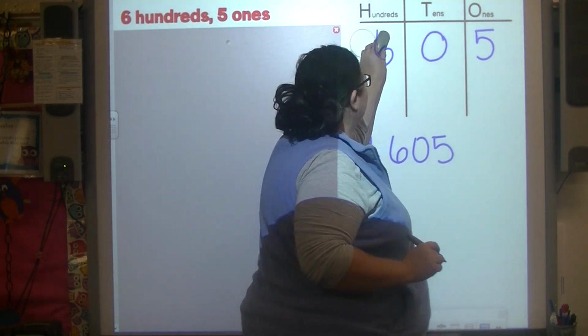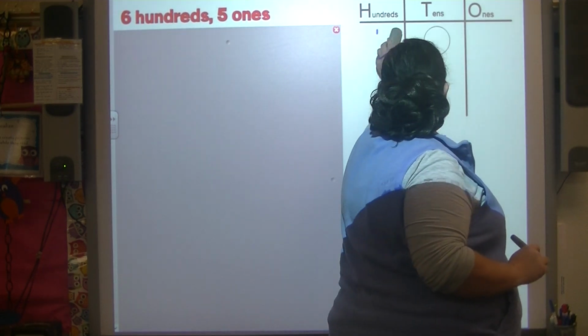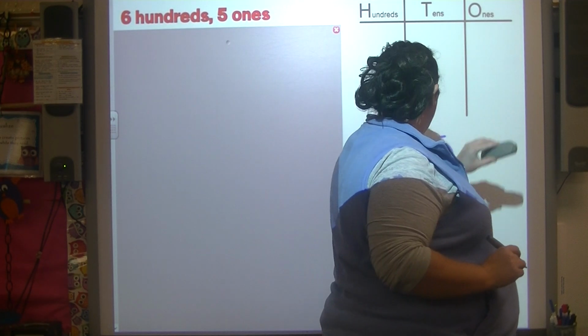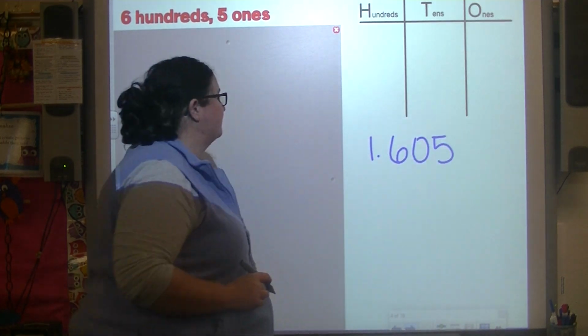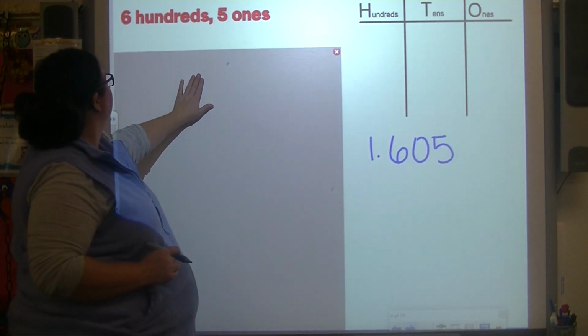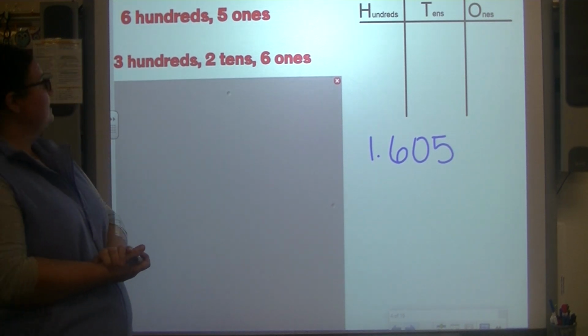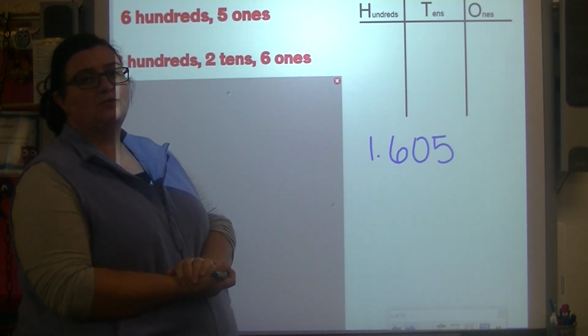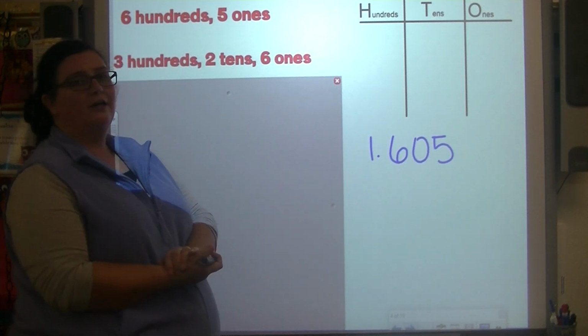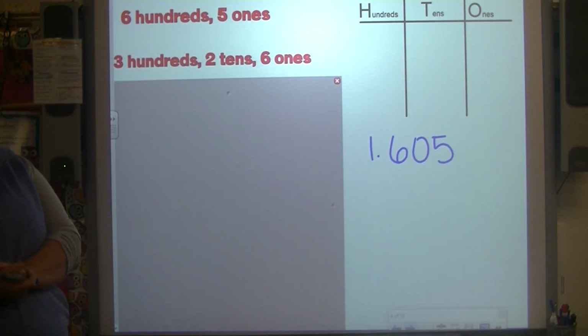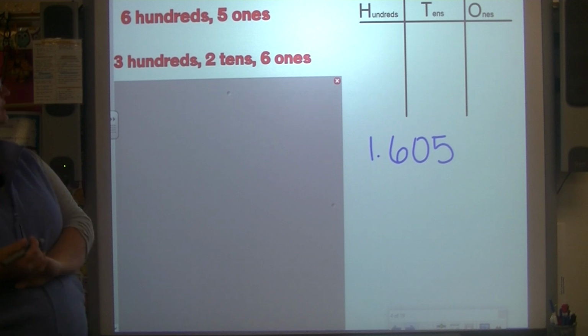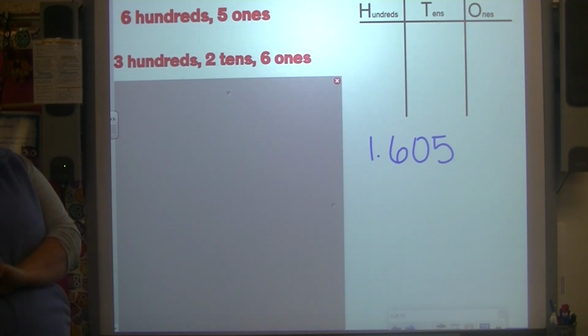All right, now I'm going to try the next one. I'm going to erase yours. Let's look at the next one. 3 hundreds, 2 tens, 6 ones. Fill in your chart. Let's see what number we have.